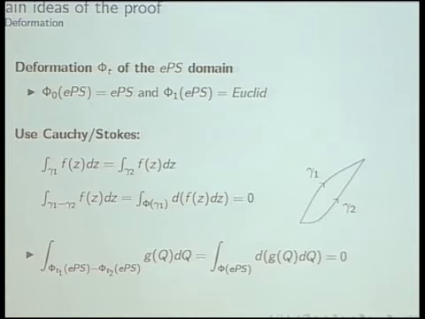And this can be also seen as a version of Stokes. So the integral over gamma 1 minus gamma 2 of this holomorphic function is just the integral over the surface in between, where you have to apply the outer derivative d. Well, of course, this is directly 0 because you have only the dependence on z, and d wedge dz wedge dz is 0.